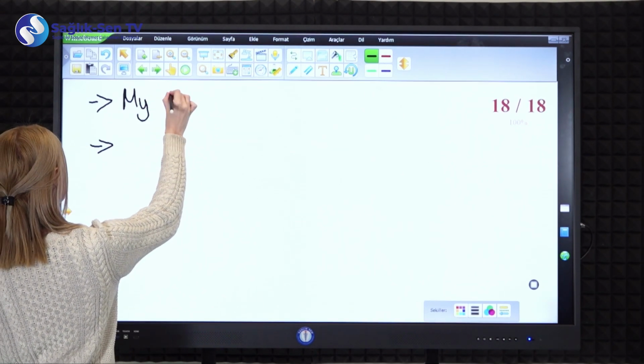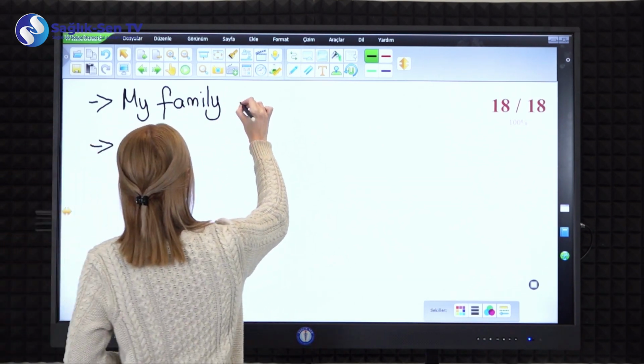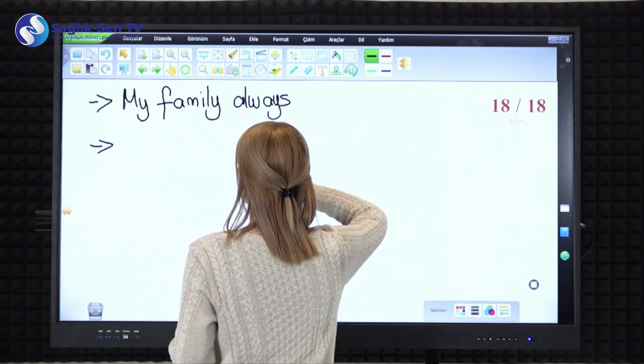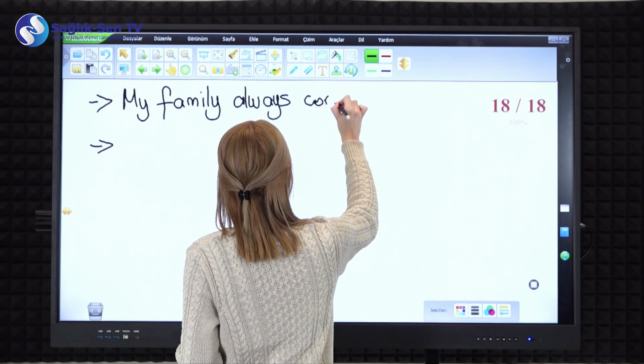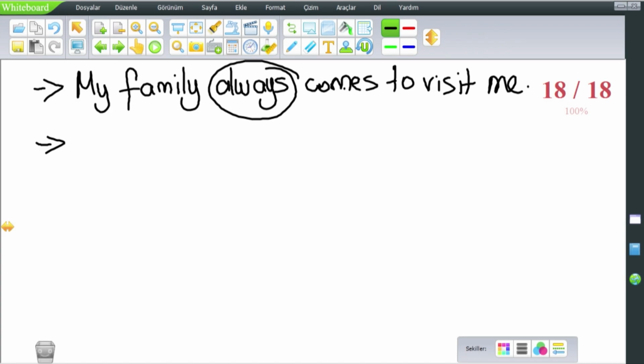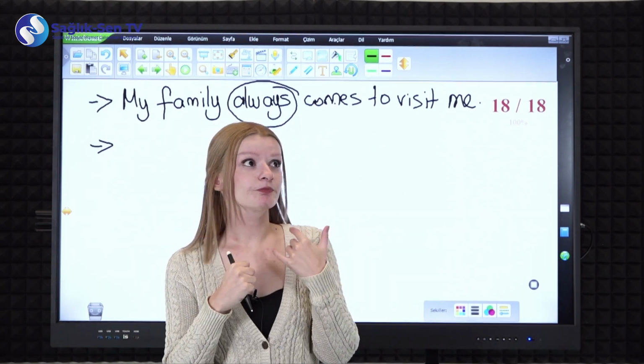My family always come to visit me. This is present simple because I saw my time phrase, and this is an action that happens regularly. There's a frequency.